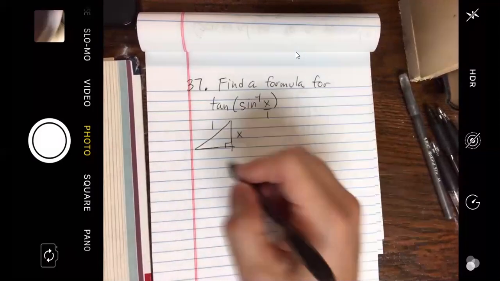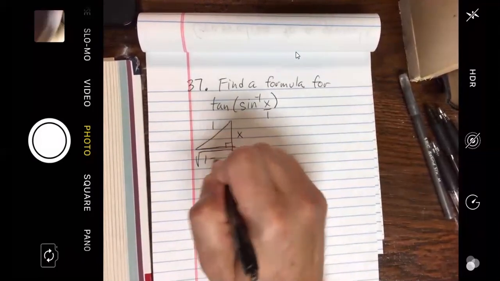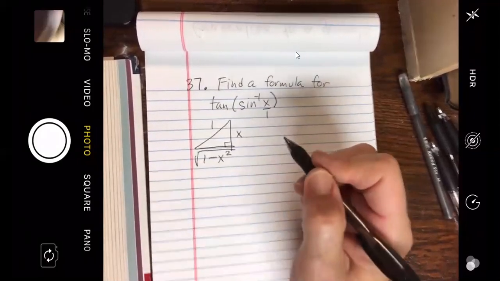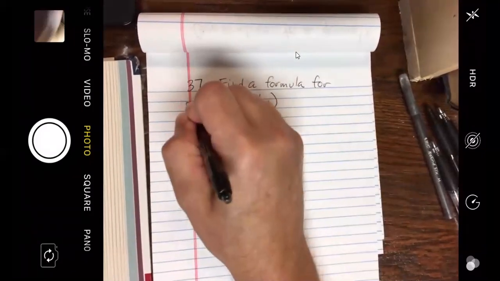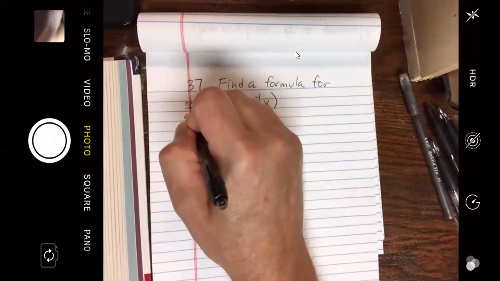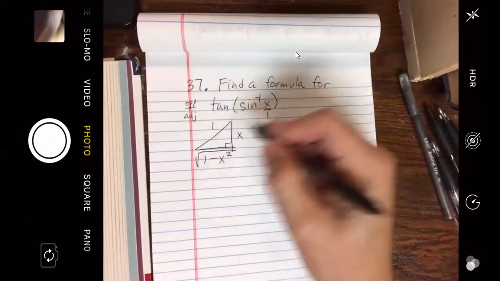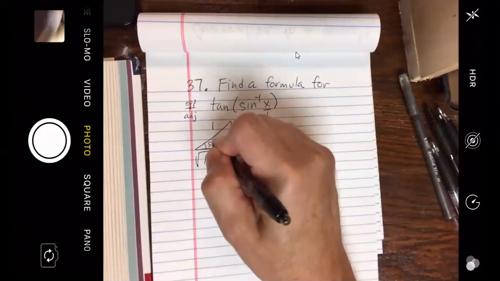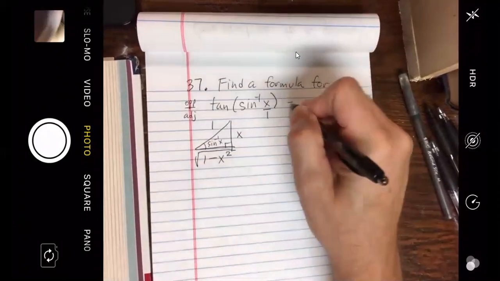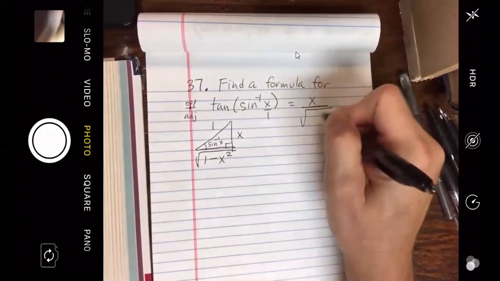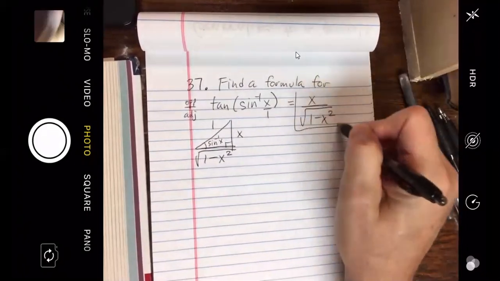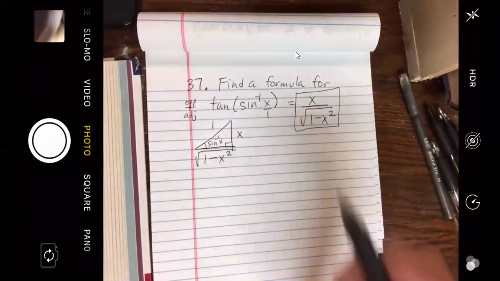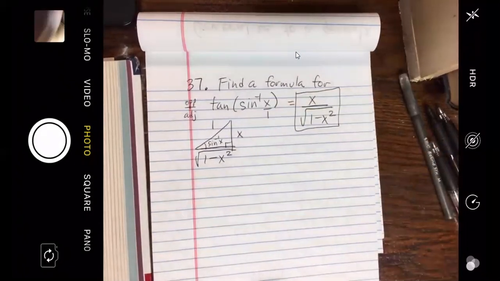Hopefully from the previous problem, you get the same formula for that leg. And the tangent on this will be, of course, opposite over adjacent, the ratio of the legs. Again, this is arcsine x. So that will be x over the square root of 1 minus x squared. It's an algebra formula for that problem. Once you see it done, it's not that hard.